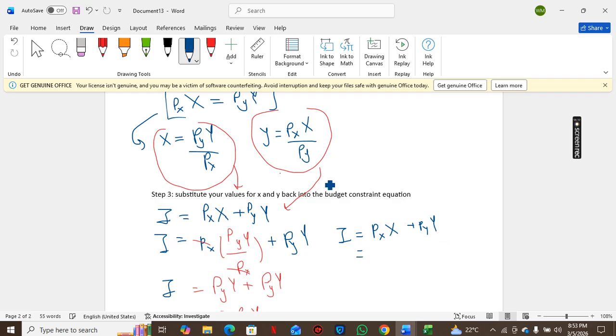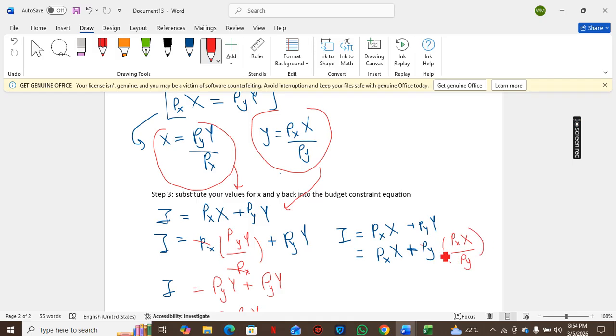Where there's y, substitute it with PX x over PY. So we're going to have PX x plus PY times PX x over PY.